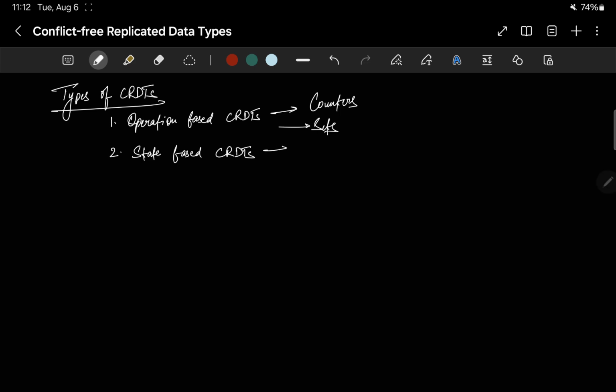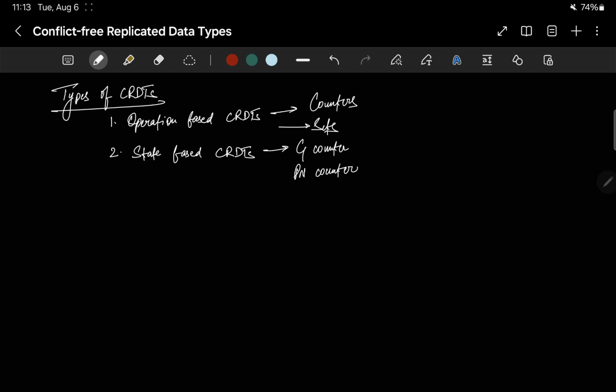Examples include G counter and PN counter. Okay. So state based CRDTs, what they do, the replicas periodically share their state with each other. Okay. And when all these states are shared, then merging is achieved by taking the least upper bound of the states.